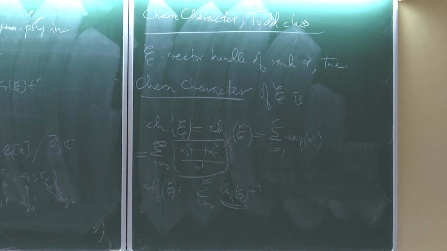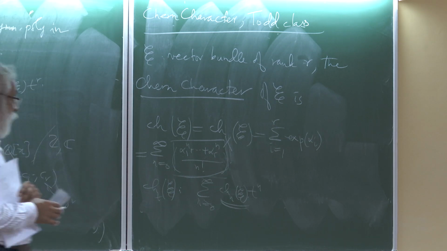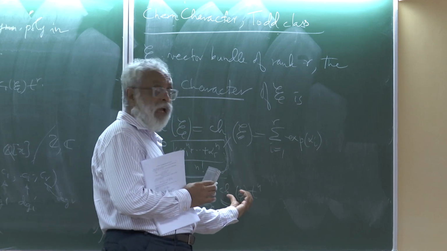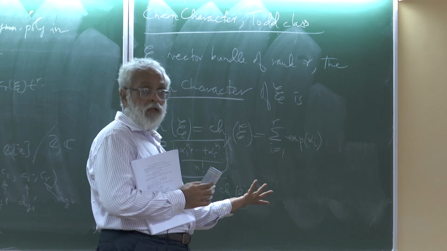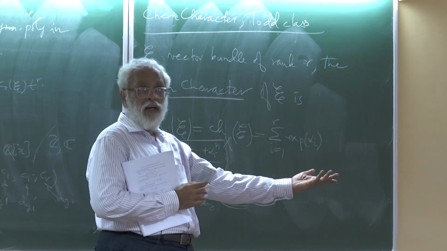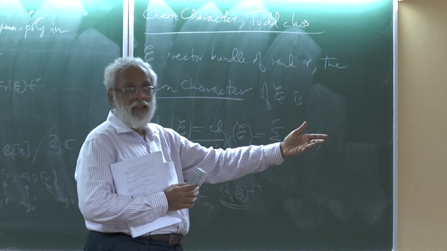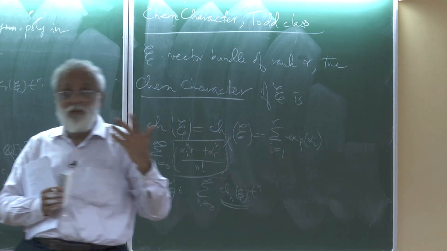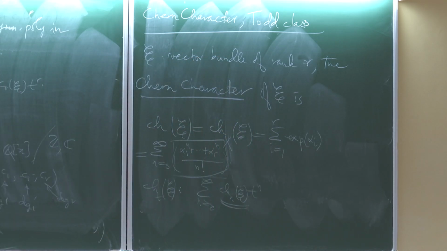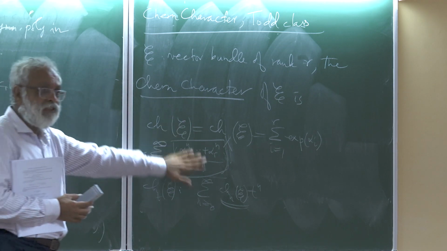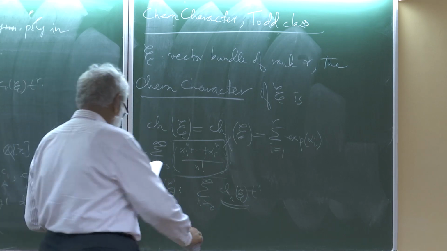Of course, it may happen that the element ch_n(E), if I evaluate it on some cycle and then take its degree, which is the sort of thing the Hirzebruch-Riemann-Roch will involve, you would apparently get only a rational number, but for some reason it may be an integer because it's the Euler characteristic of some sheaf, for example. Therefore, whatever integer I got from the numerator is actually divisible by n factorial. Things like that will follow from this. But in any case, right now I can make sense of it.